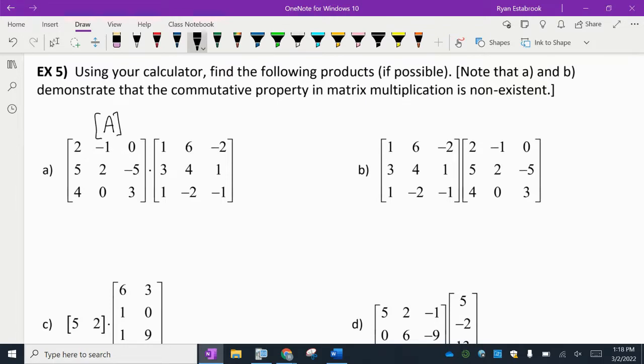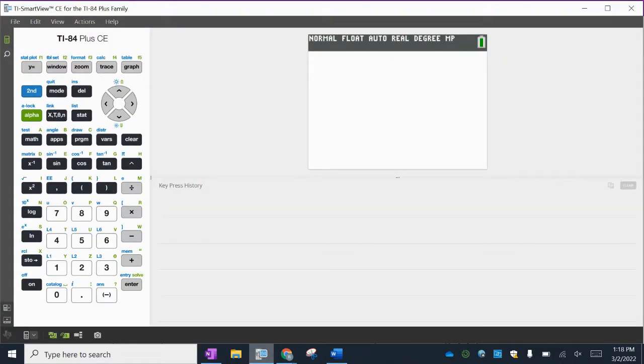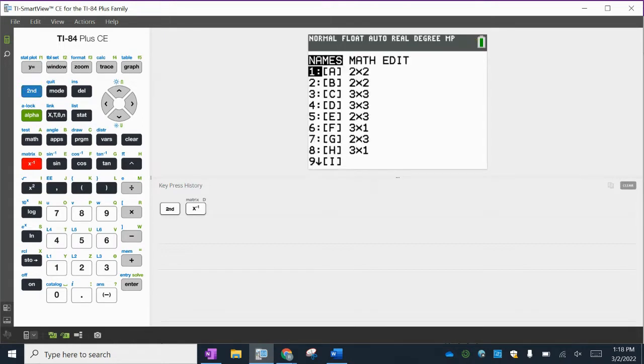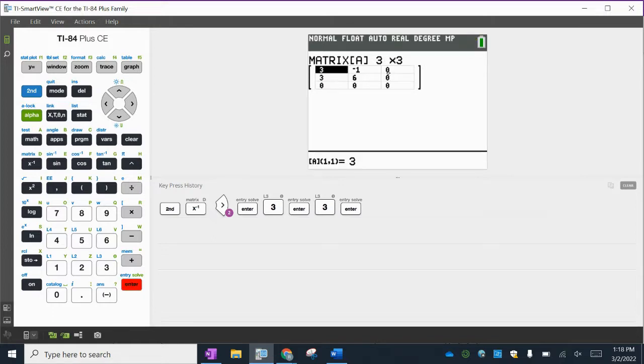What I'm going to have you do is go into your calculator and enter this matrix as matrix A. So second, if you can see right above this x to the negative 1, it says matrix. I'm going to scroll to the right and edit. The size of this matrix we're working with is a 3 by 3. And then I'm going to enter in my first row just like it is in my example.